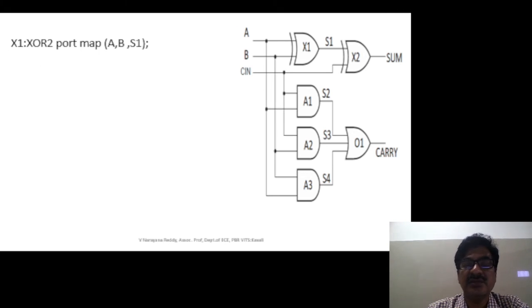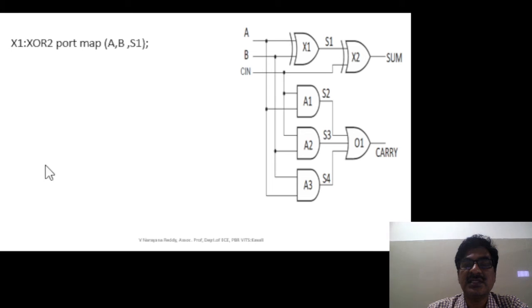So XOR2 port map of. Now as per the diagram, what are the inputs for the first XOR gate? A comma B. And what is the first XOR gate output? S1. So A comma B comma S1. As per the declaration, A is treated as input, B is also input, but S1 is the output.